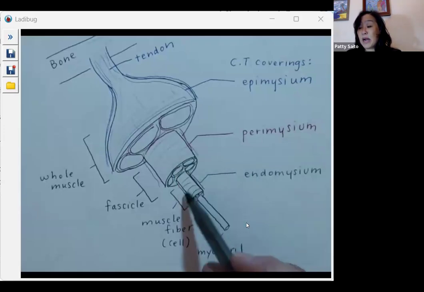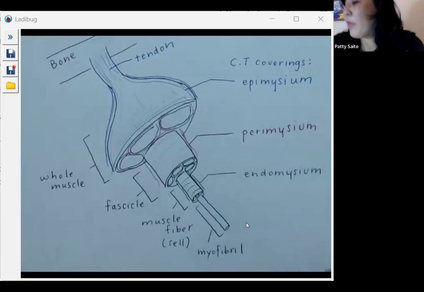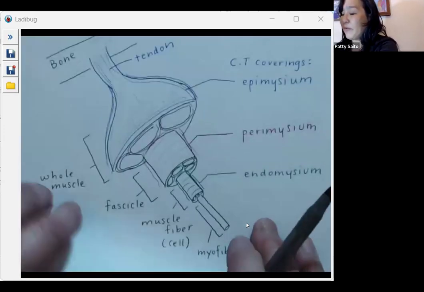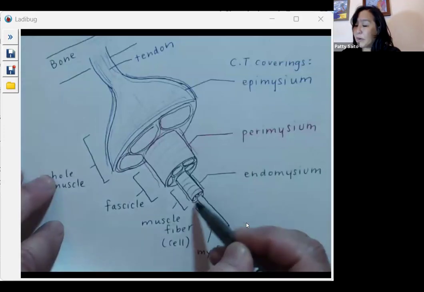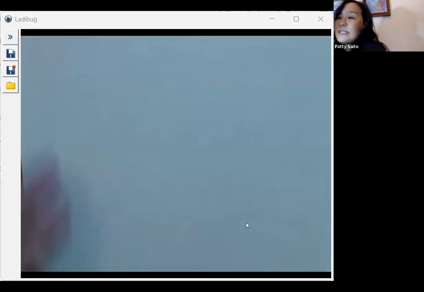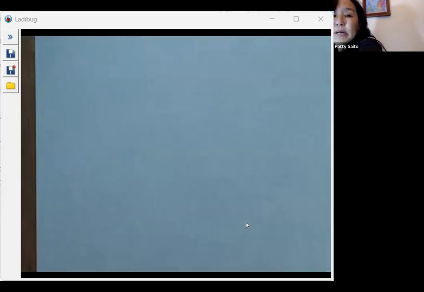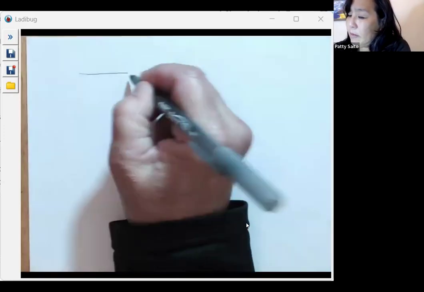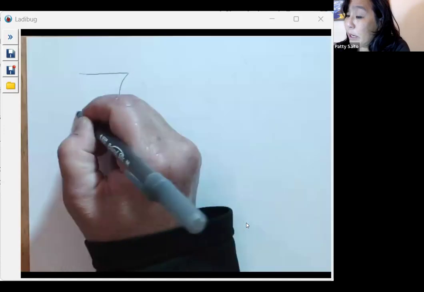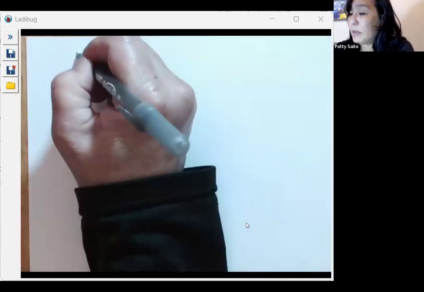So just keep in mind, we're looking at very small things, and we're going to look at the microscopic view. Okay, so I'm going to draw a muscle fiber and a myofibril. Okay, so let's take a look at a muscle fiber first. And I'm going to draw it bigger. So this is the muscle fiber.